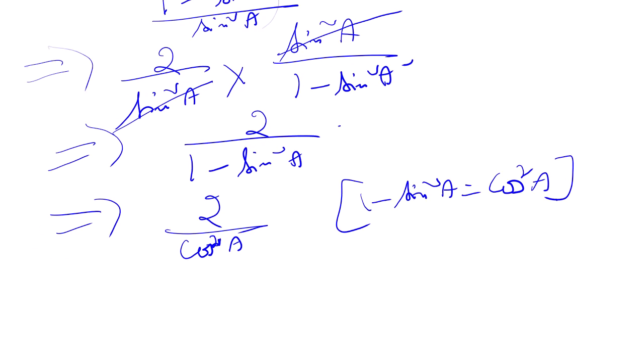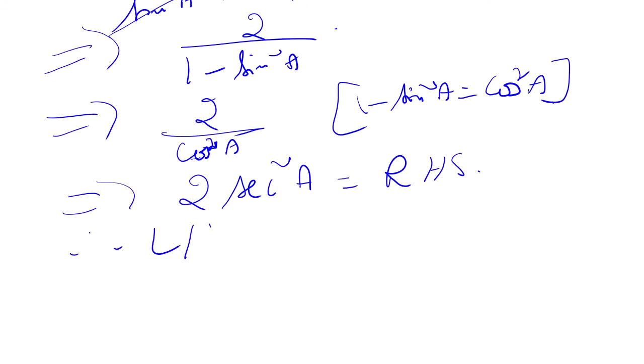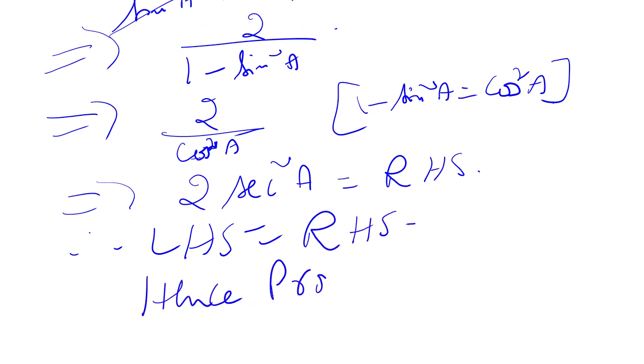So 1 upon cos square A is sec square A. So this implies 2 into sec square A, that is equal to RHS. Therefore LHS is equal to RHS, hence proved.